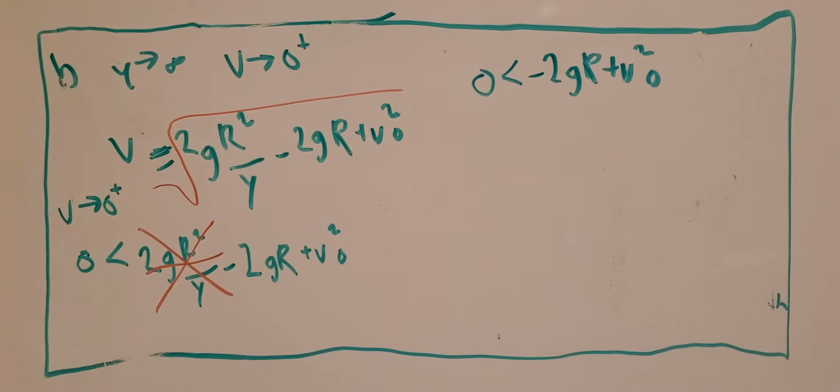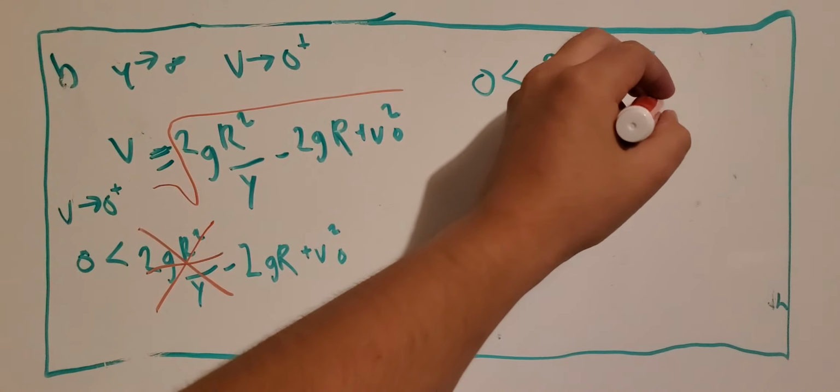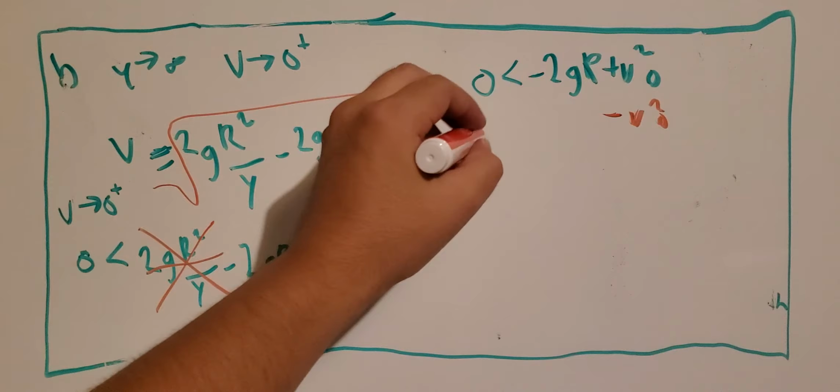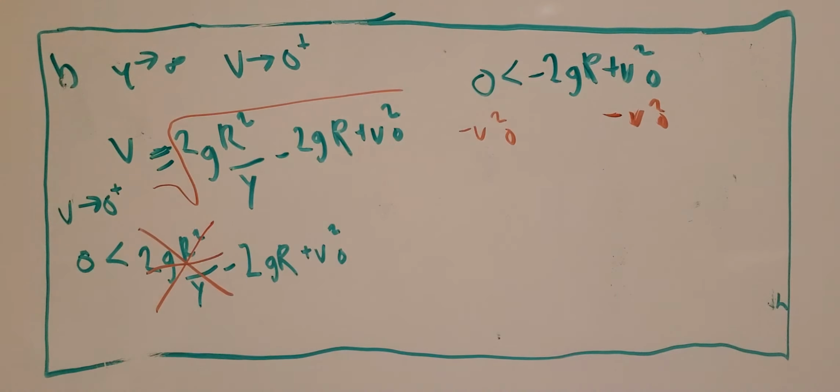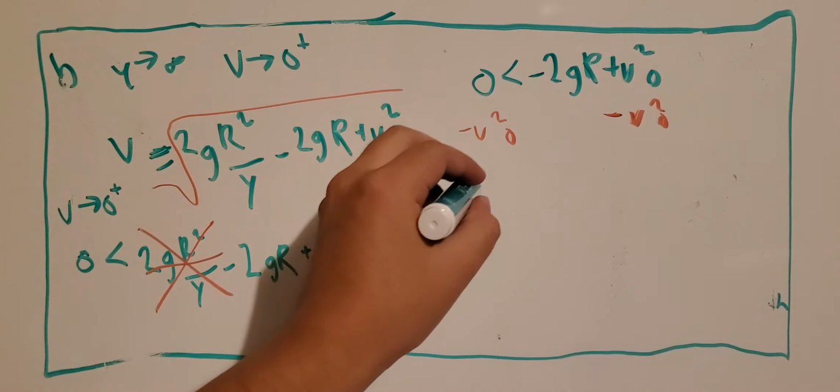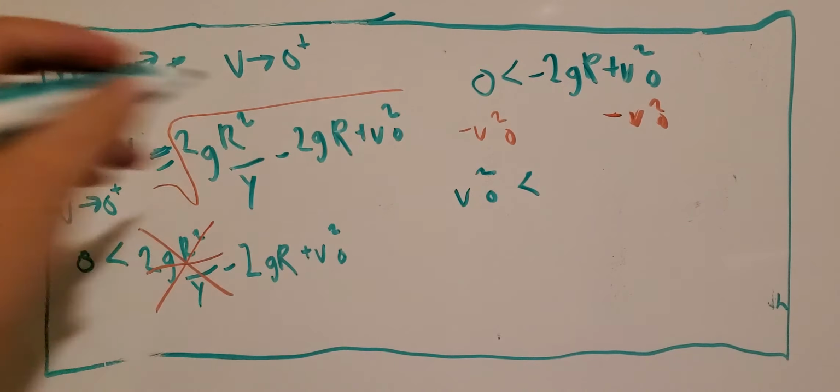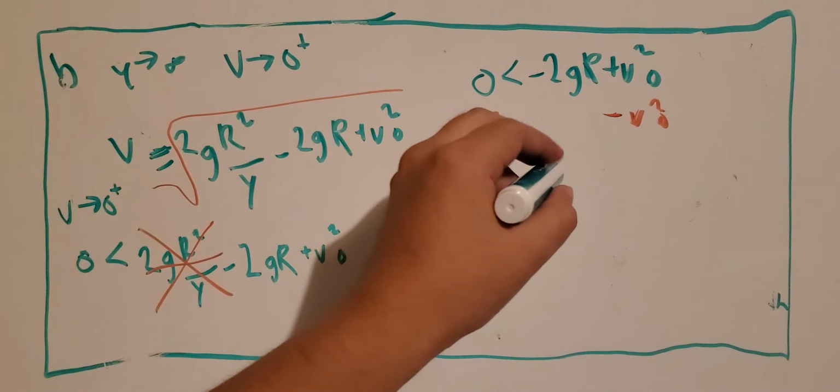So we're going to do some manipulation. We're going to subtract this v squared naught on both sides. Now it becomes v squared naught is less than 2gR.